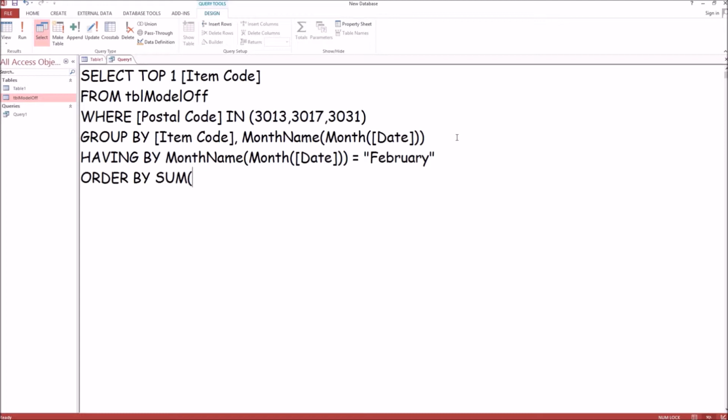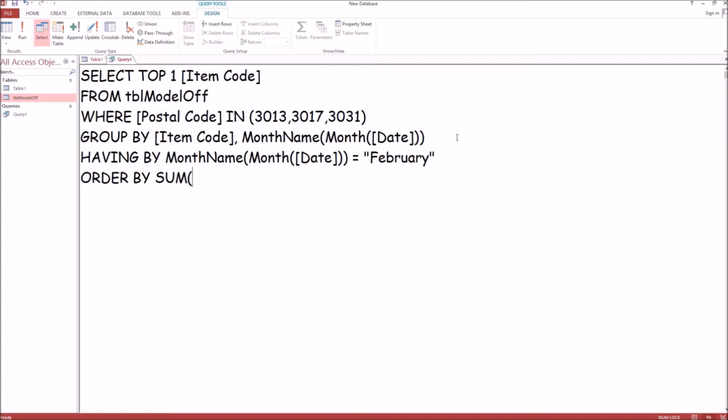in descending order. So to calculate the profit, we need to deduct cost from sales price and multiply that by quantity.